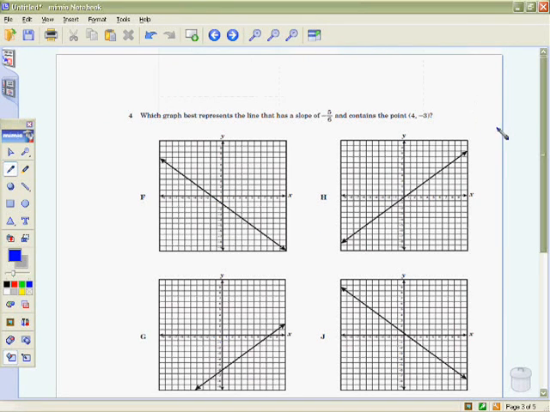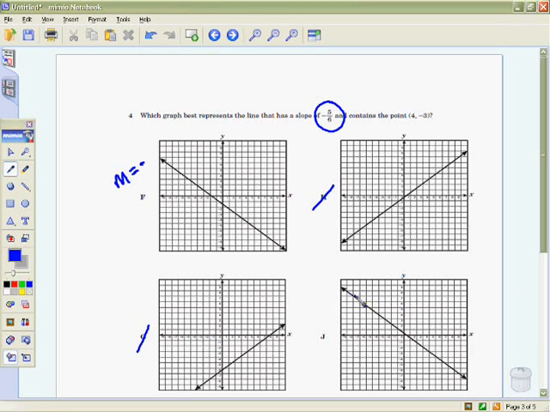Number 4. Which graph best represents the line that has a slope of negative 5/6 and contains the point 4, negative 3? First of all, I can go ahead and cancel out G and H because my slope is negative. Whenever you're looking at a line from left to right, as it goes down from left to right, the slope is always negative.